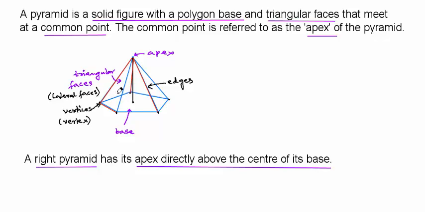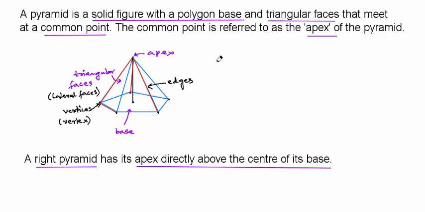You have n of these lateral faces or the triangular faces, and then you have one face which is the base, which makes it n plus 1. And then of course you have 2n number of edges on the pyramid. You have n edges on the base and then another n edges that form a part of the triangles joining the base with the apex of the pyramid.